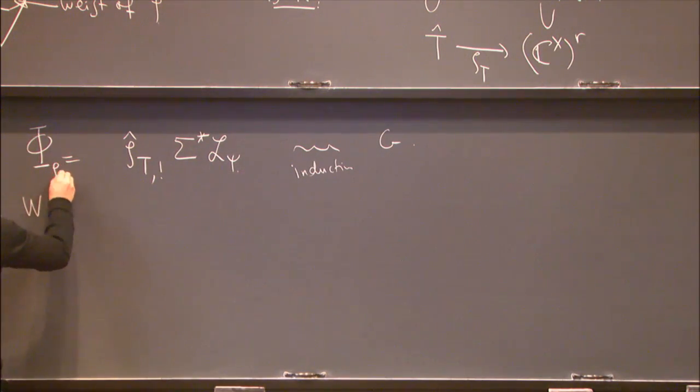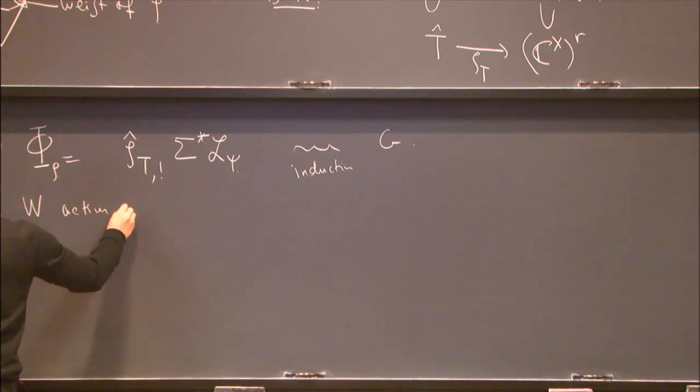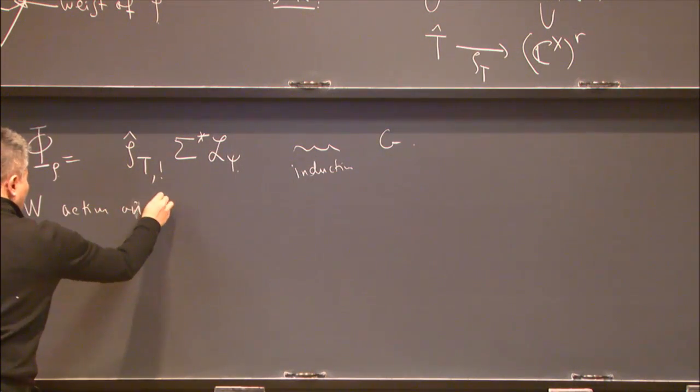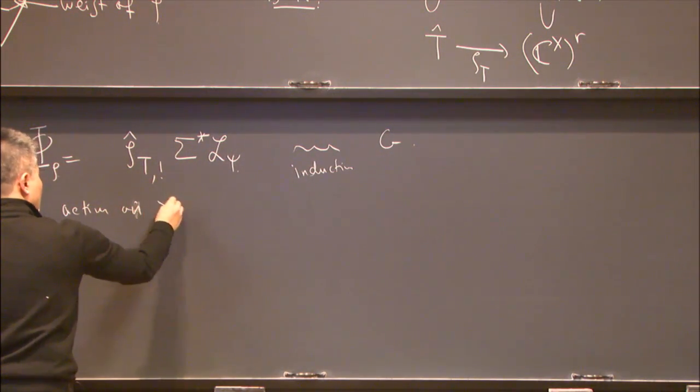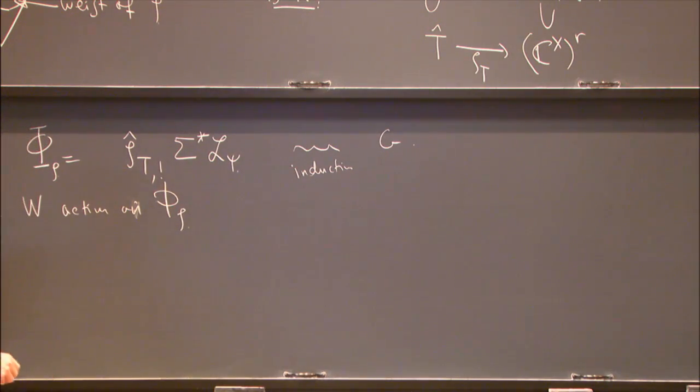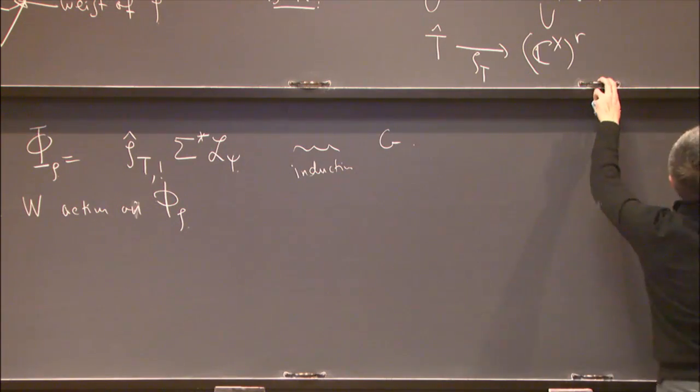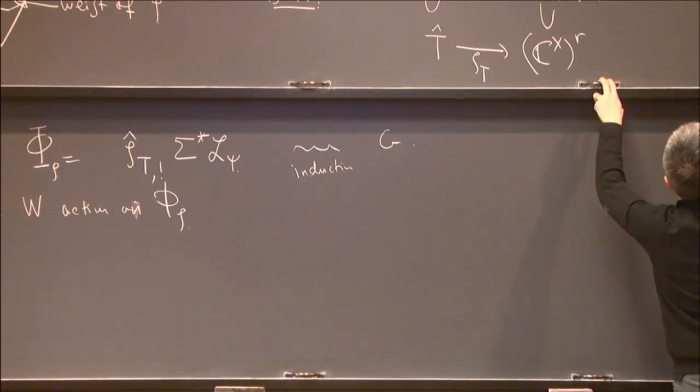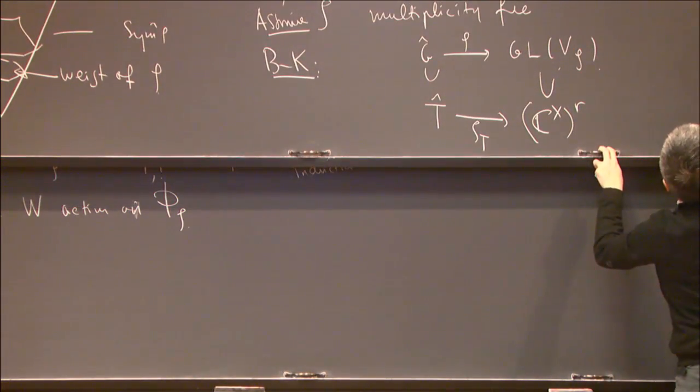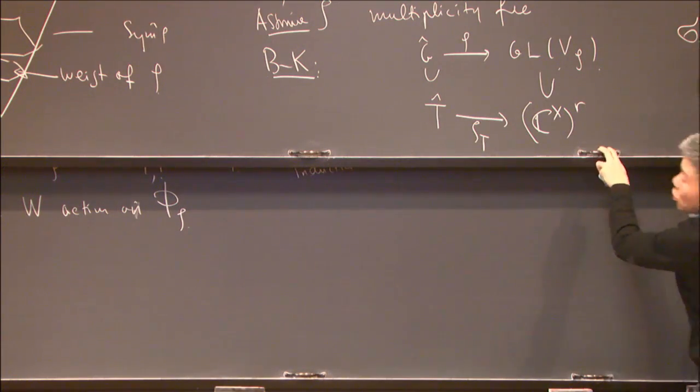This is called phi of rho. Here I do have a W action, and here I have the action of the symmetric group.